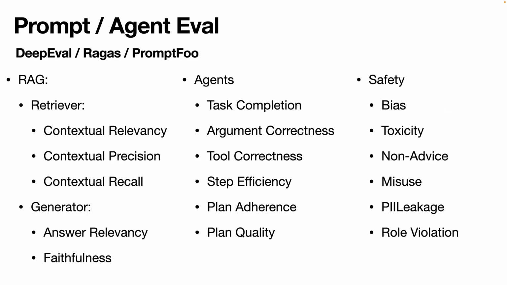Also, you have to measure safety metrics like, I don't know, PII leakage, things like that. But luckily, there are a lot of useful frameworks. The most popular ones, I believe, are DeepEval, Ragas and Promptfoo, which quite easily allow you to start evaluating your prompts and agents.